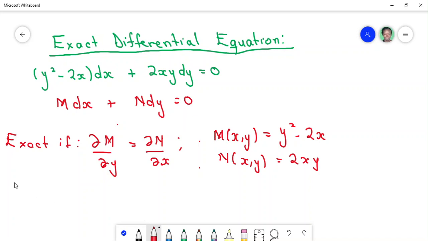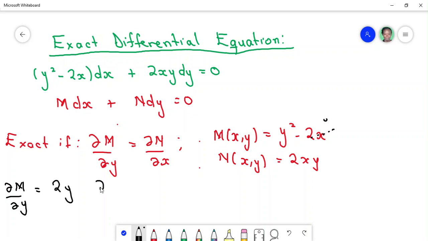So I want to find the partial derivative of M with respect to y. Because this is x, it's just a constant, so it will go to 0. So you realize that I have 2y.